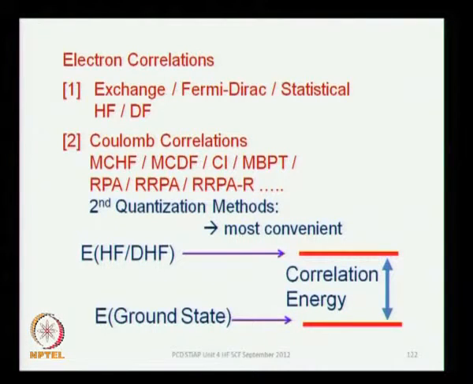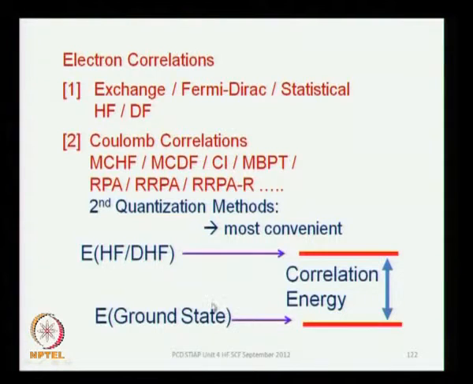But at this point I would like to mention that you need more powerful techniques like second quantization, field theoretical methods to address those issues which go beyond the Hartree-Fock, which go beyond the frozen orbital approximation, so that you can include the Coulomb correlations.